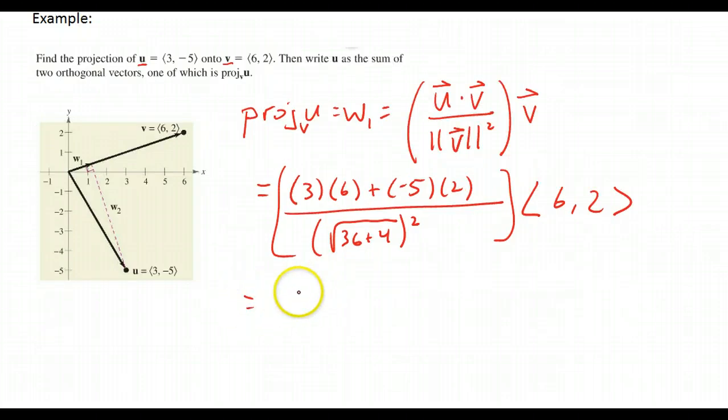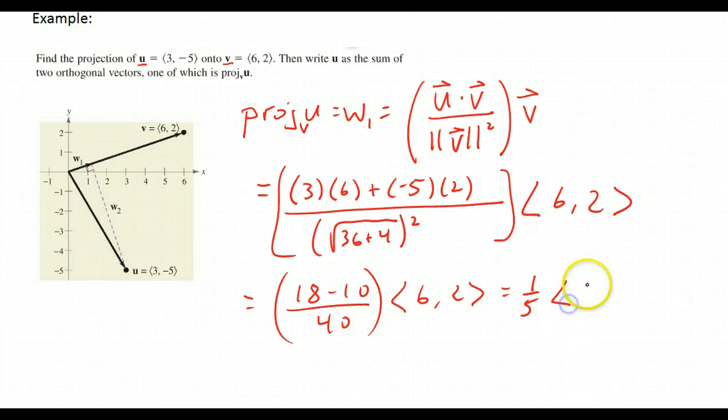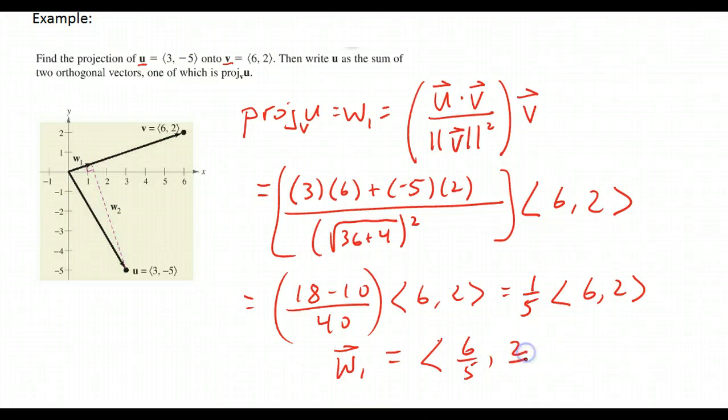So that's going to be 18 minus 10 over 40 times 6, 2, which is 8/40 or 1/5 times 6, 2. We're multiplying a vector by a scalar, so we just distribute the scalar, and we get that vector w1 is 6/5 comma 2/5.